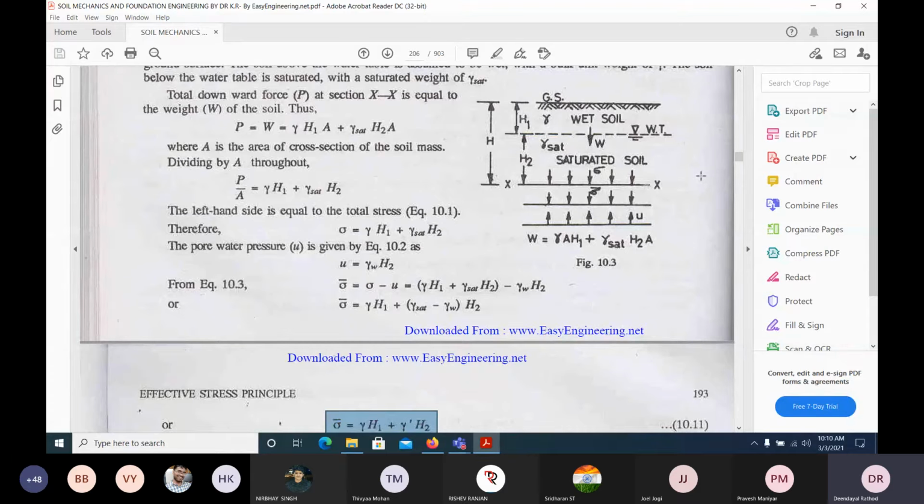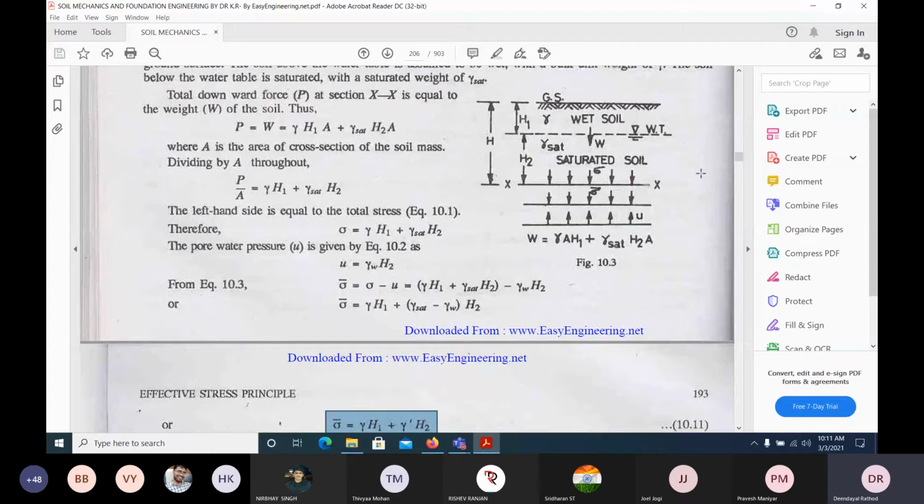That's the reason we are taking that. There is a difference between gamma bulk and gamma saturation. So what did you learn today? Effective stress: total stress minus pore water pressure. If you get any doubt about pore water pressure, it rises to where the water table is, if the soil is fully saturated.